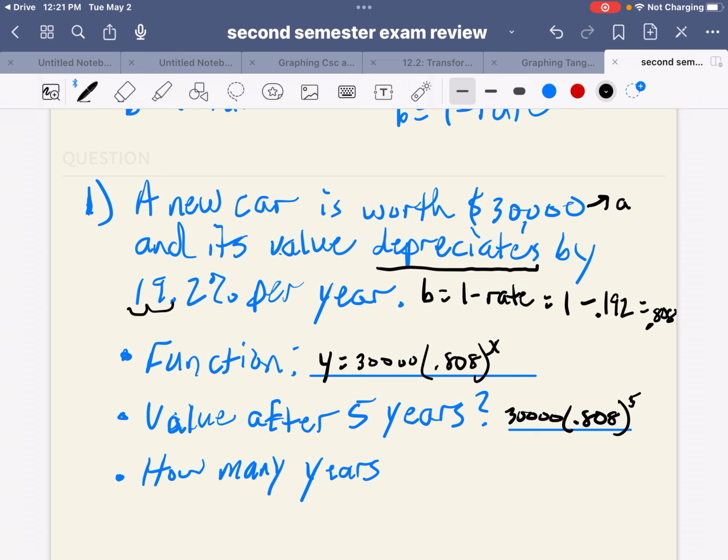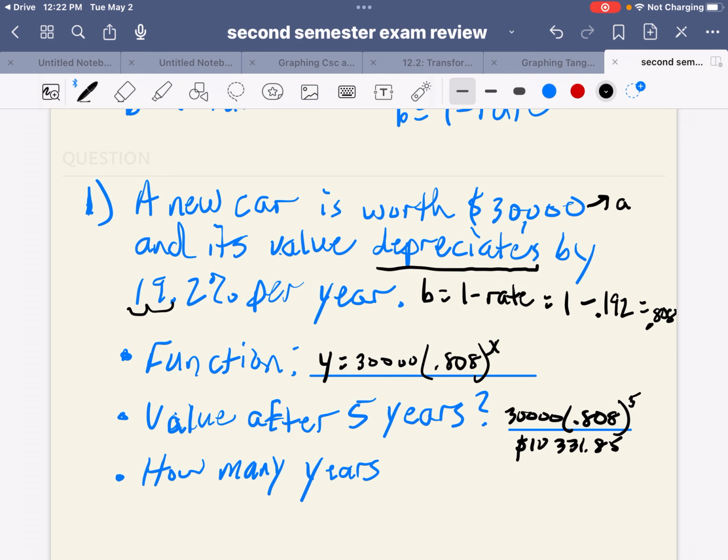Grabbing my calculator, 30,000 times 0.808 to the 5th power tells me that the car is worth $10,331.85 after 5 years. So in 5 years it's lost about $20,000 of its value.